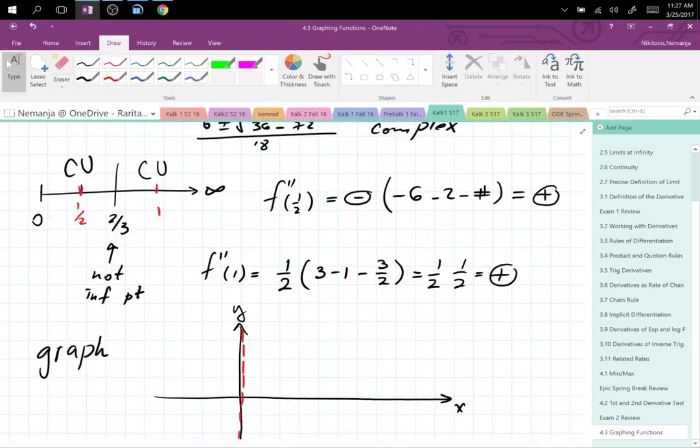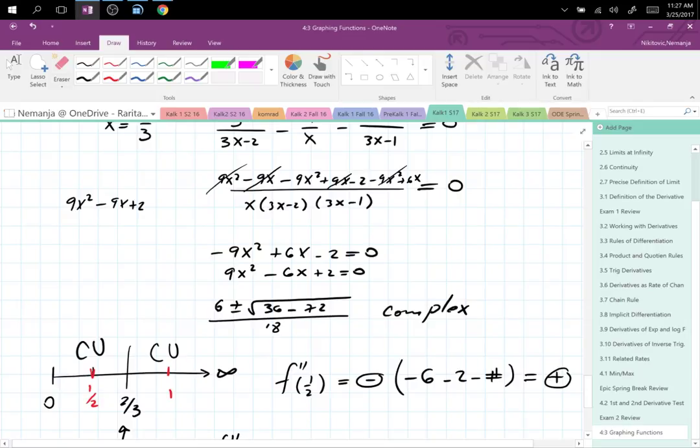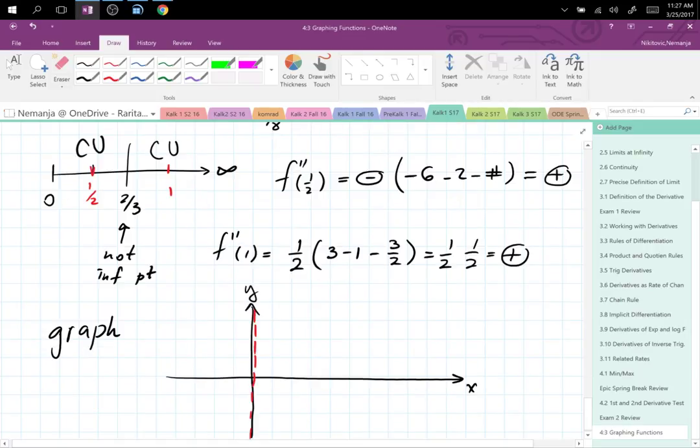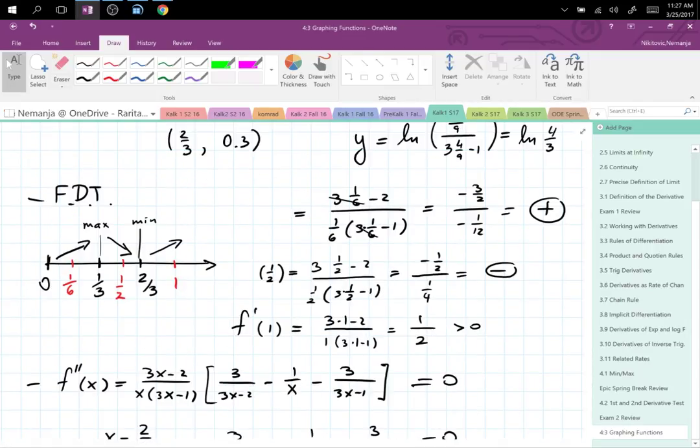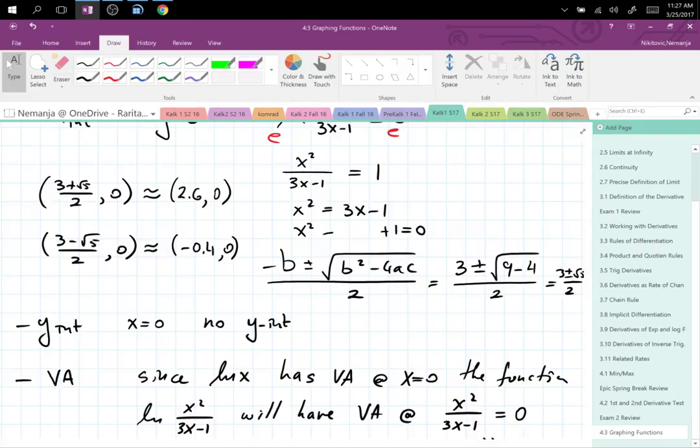And I know that the function prior to that was increasing. Oh wait, I forgot to do this, guys. Look at this. I forgot to cross this one out. Not in the domain. I have to kick that one out.